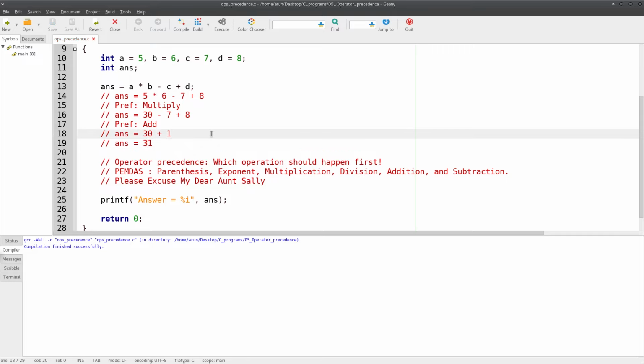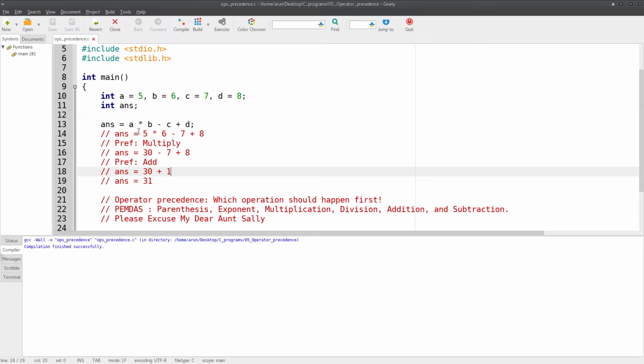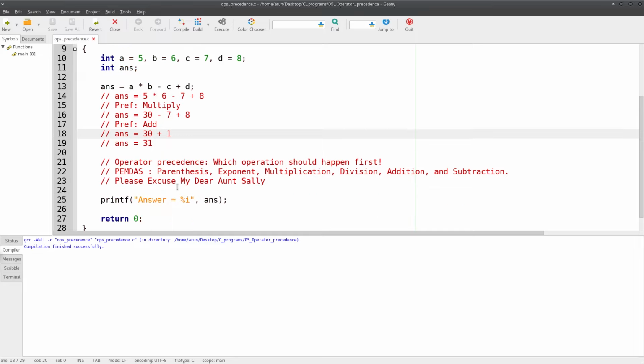So this is the step-by-step breakdown of this expression. Please remember this carefully, because this could be really confusing if you do not understand it. If you go into the future tutorials wherein we'll be looking at complicated expressions, and you do not understand the PEMDAS rule, it can be a little hard to follow how this is happening.